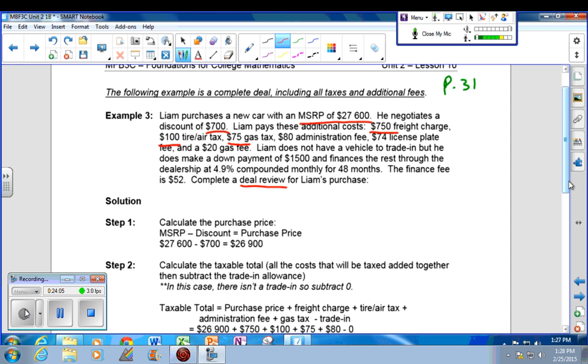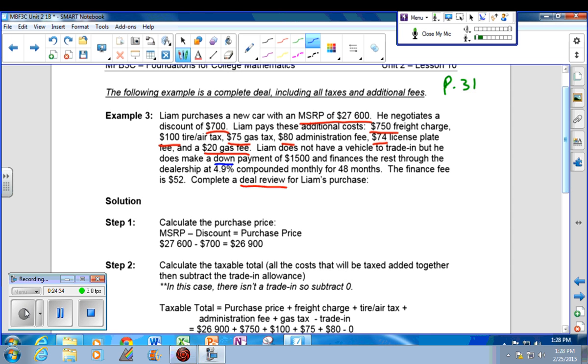There's an $80 administration fee, to process all the paperwork and get the vehicle ready. And then a $74 license plate fee. Oh, and a $20 gas fee. So they're going to give him $20 worth of gas. I imagine this is when gas is really, really cheap. Now, he doesn't have a trade-in, but he does make a down payment, which, by the way, is a really good idea.